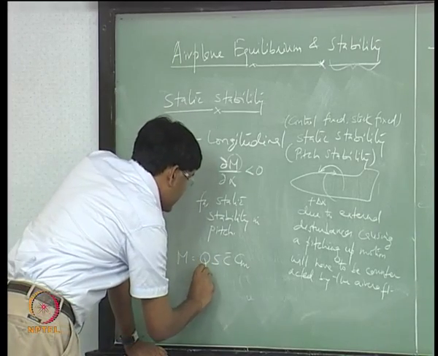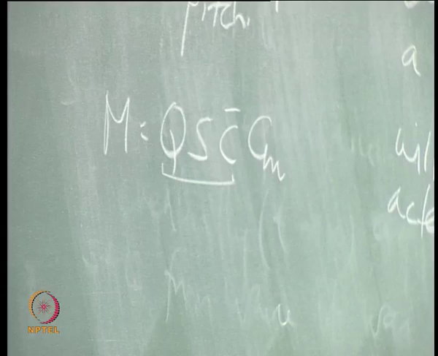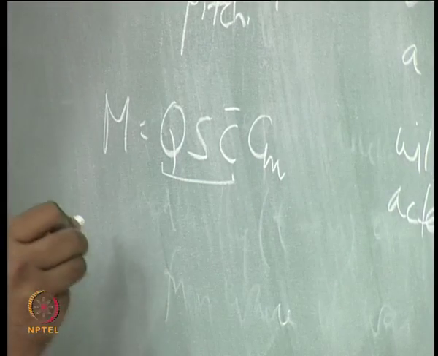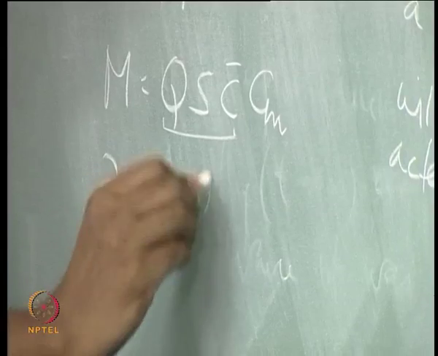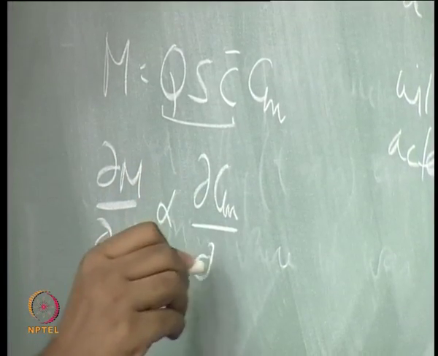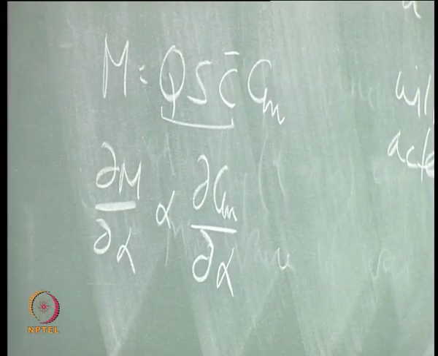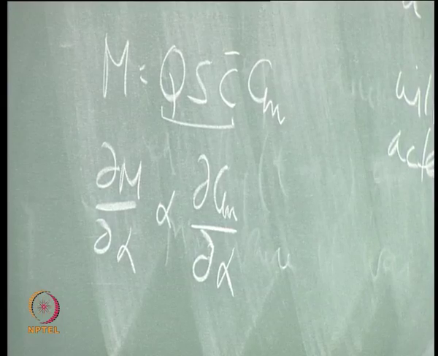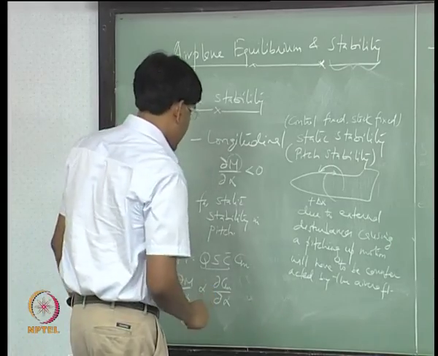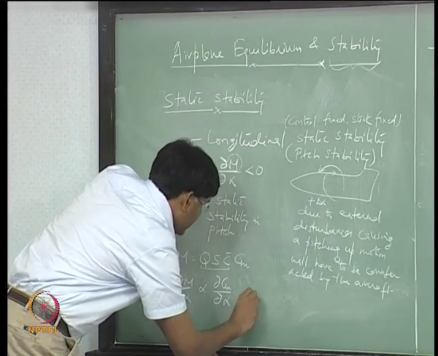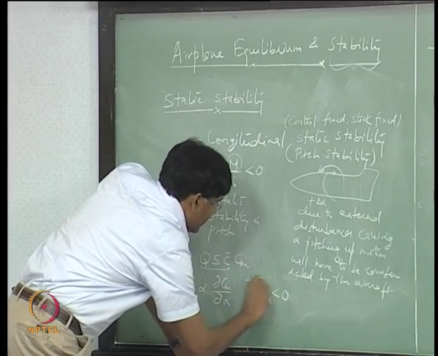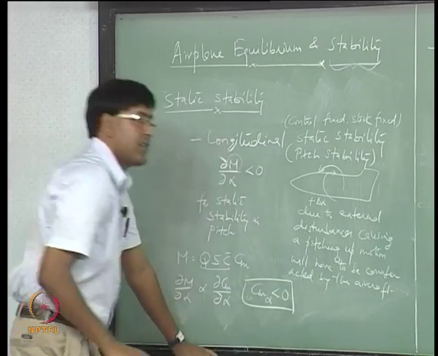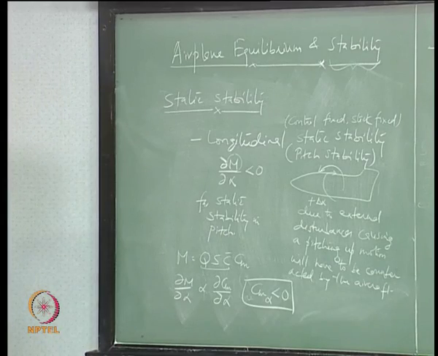Now, these three quantities remaining constant, you can also write this derivative as dCm over d alpha, and sometimes it is also written as Cm alpha, which should be less than 0 for pitch stability.